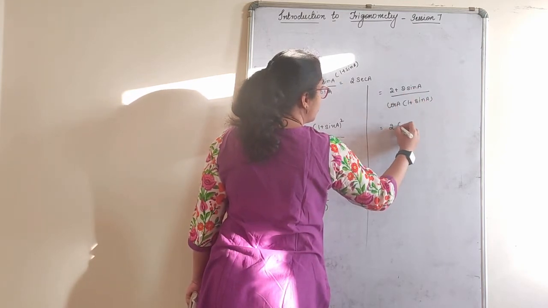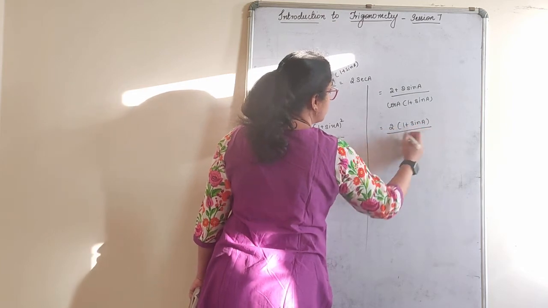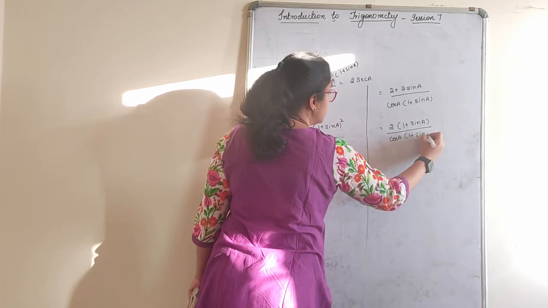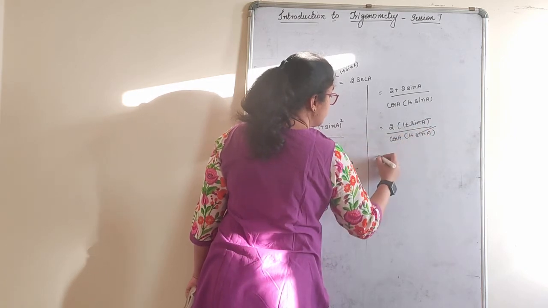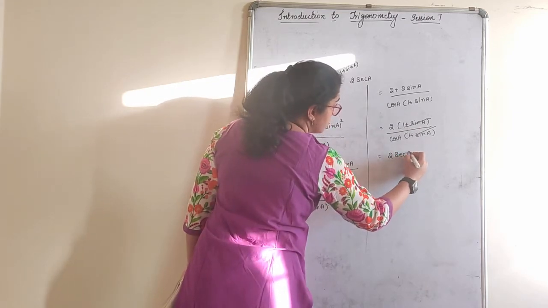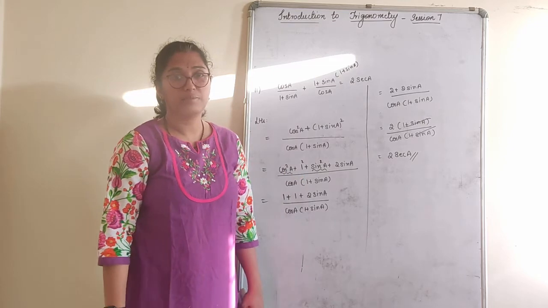In the numerator take 2 common. 1 plus sin A divided by cos A of 1 plus sin A. Cancel. 2 as it is. What is 1 by cos? Sec. There goes the RHS part.